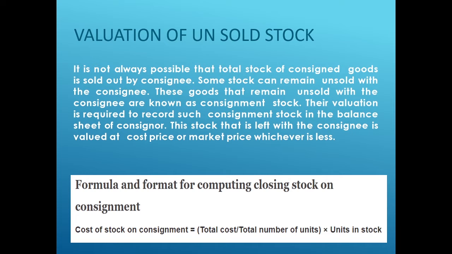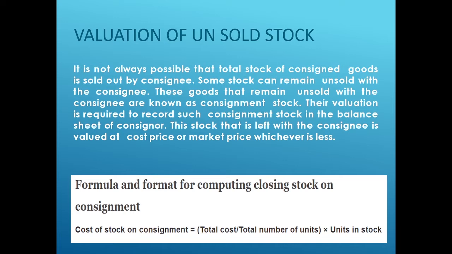Unsold stock valuation: first we have to calculate the total cost of the 100 or 200 units. Later, unsold stock is equal to total cost divided by total number of units into unsold stock.